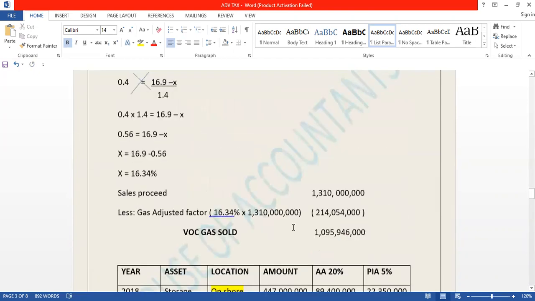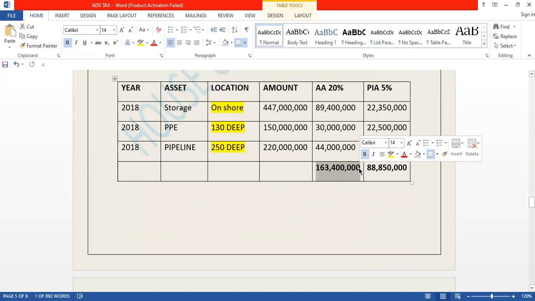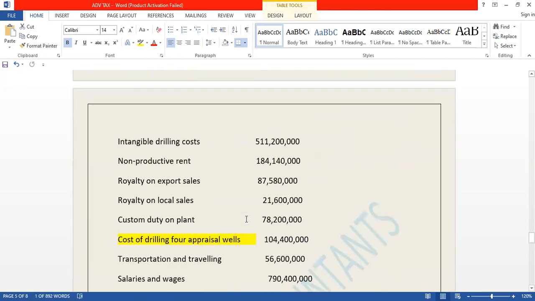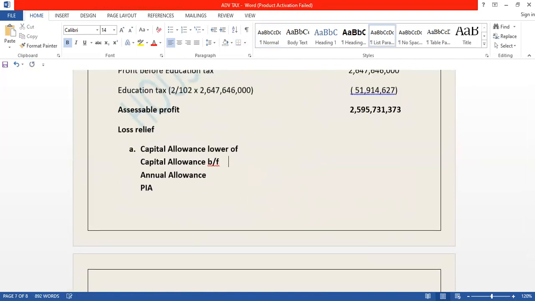Once you see agreed, you pick the agreed. We have annual allowance here to be 163. But because there is an agreed capital allowance, we are going to pick the agreed capital allowance. If it was not given to us, we would use the one we calculate. But since there is agreed already, we have to obey the instruction by picking the agreed figure.